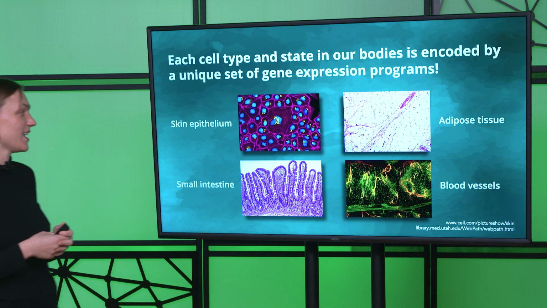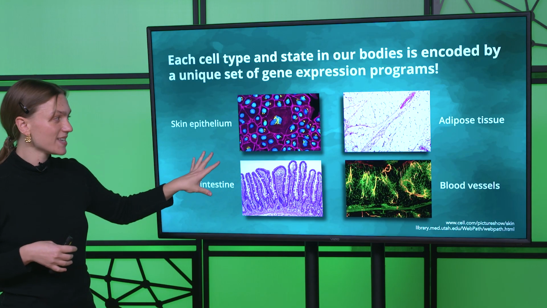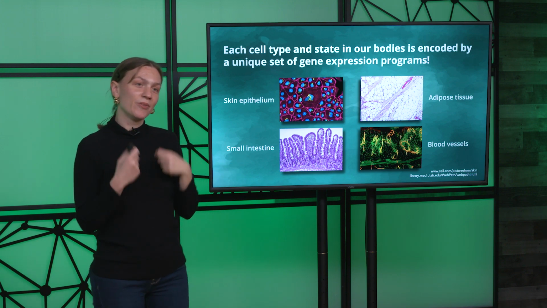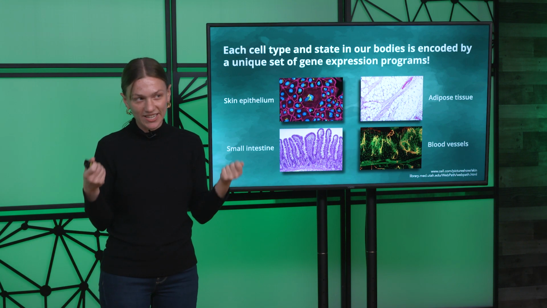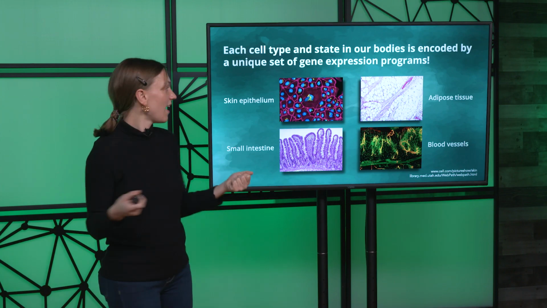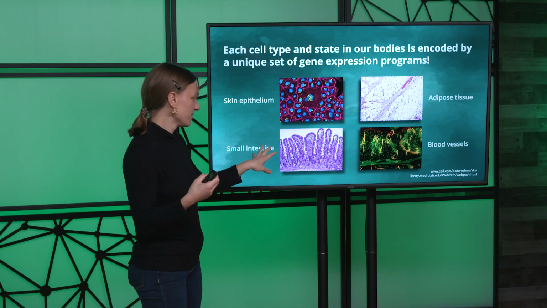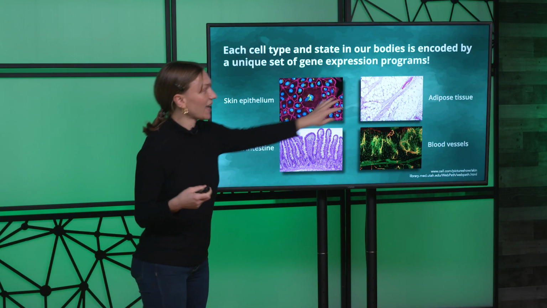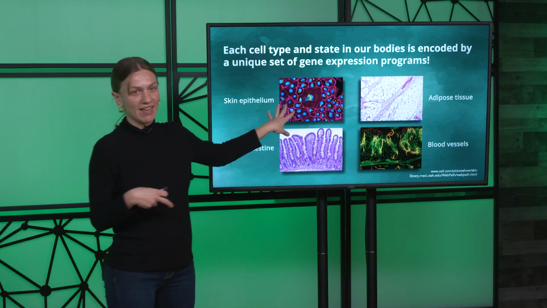The first is just the sheer diversity of cell types that arise from our genes. And the second is the fact that every single cell has the same set of genes or the same DNA. So how is it that this can lead to cells looking like they do in the small intestine in one case, but like they do in the adipose tissue or in the skin epithelium in another?